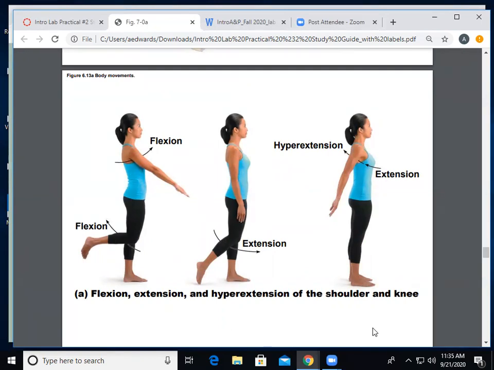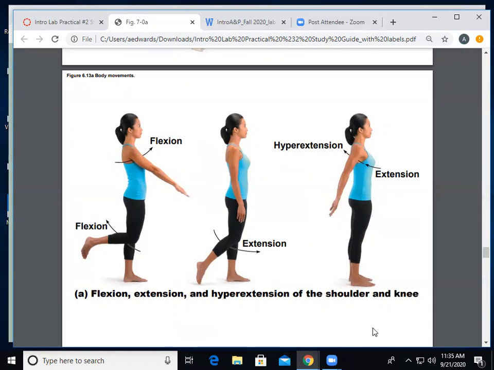Anytime you decrease the angle in a joint, that's called flexion. Anytime you increase the angle in a joint, that's called extension. And for some joints, you can essentially go past what would be considered normal extension, and we call that hyperextension.